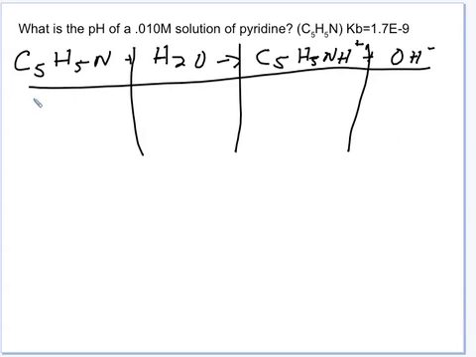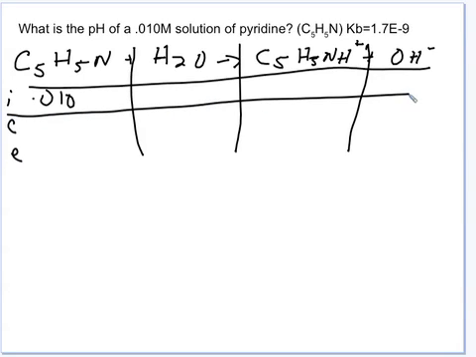At the beginning, we have 0.010 molar of the pyridine. Now it's a weak base, so we know that all of this does not turn into hydroxide. Initially we have that, it's going to change, and then at equilibrium we'll have so much of everything.